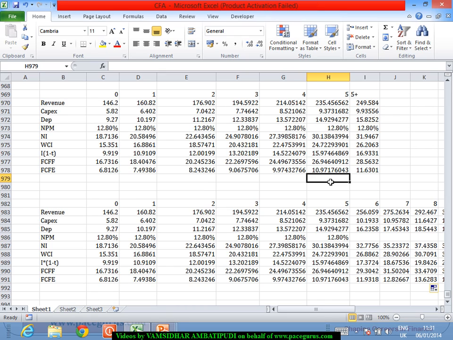So the present value of all those FCFFs, that's where I call it the terminal value of FCFF, and similarly I will find out the terminal value of FCFE in both these cases. So the terminal value comes one period before, and I am saying this is FCFF1, the next period FCFF, divided by weighted average cost of capital.